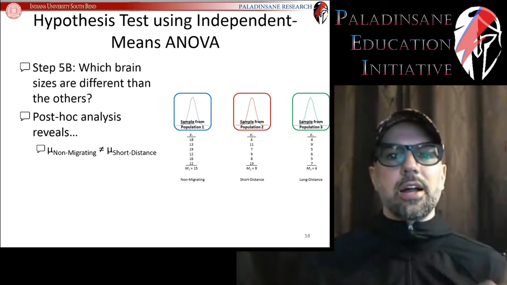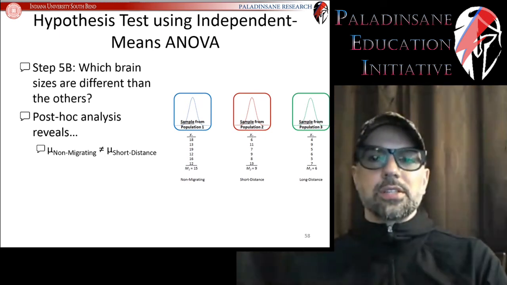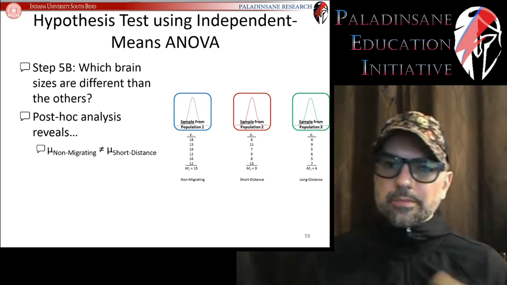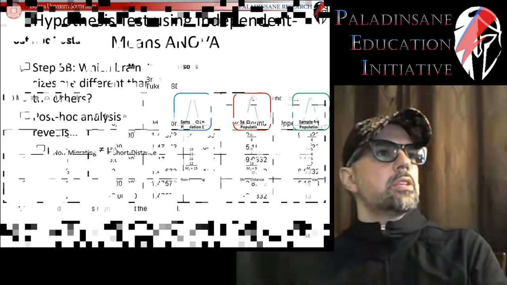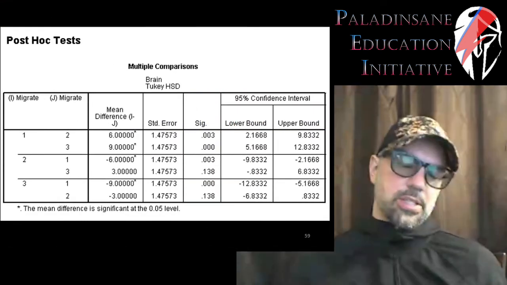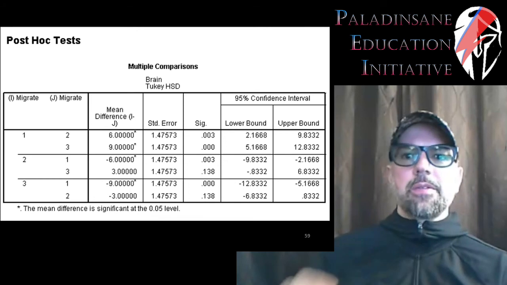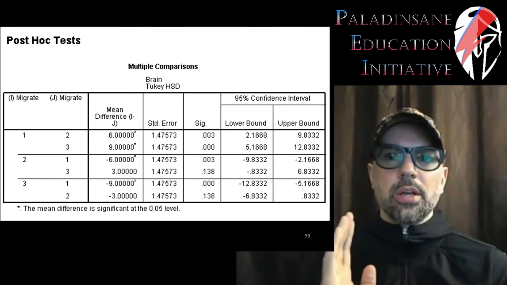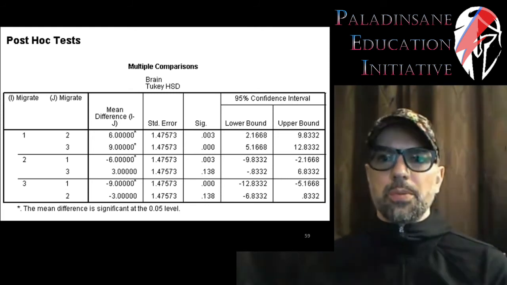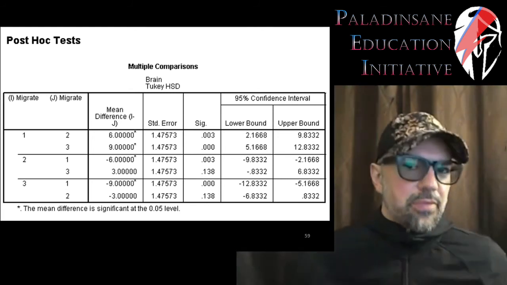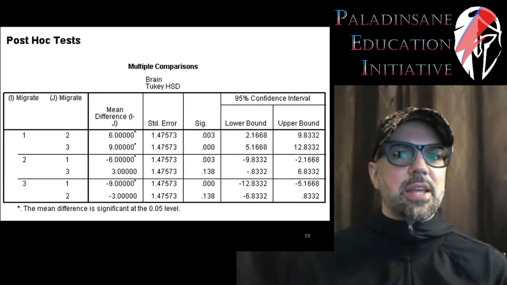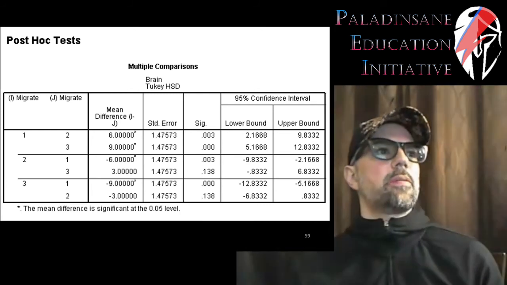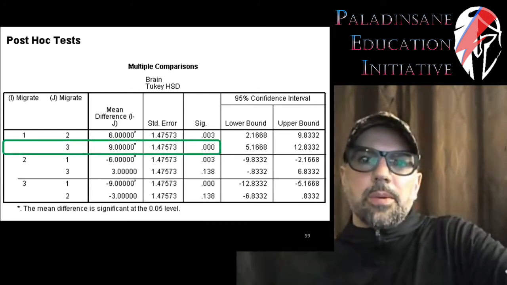Now we're going to take a look at non-migrating birds versus long distance migrating birds. Is there a difference there? So we go back to our table and we consult our little notes, and we need to find non-migrating birds group 1 compared to long distance migrating birds group 3. Now this is where I get a little agitated at this table, because one of the places to find that is in row number 2.